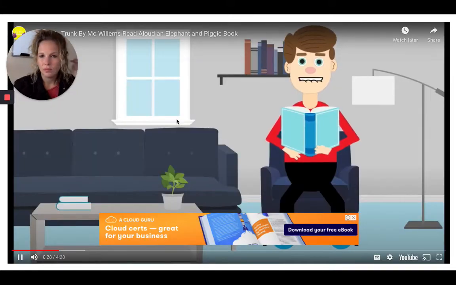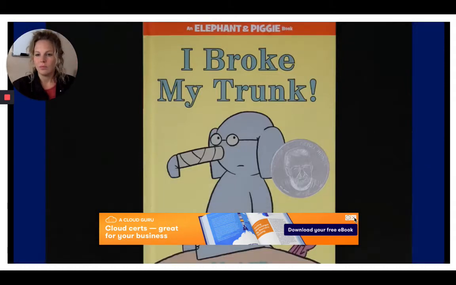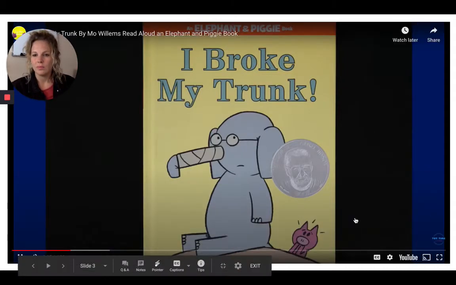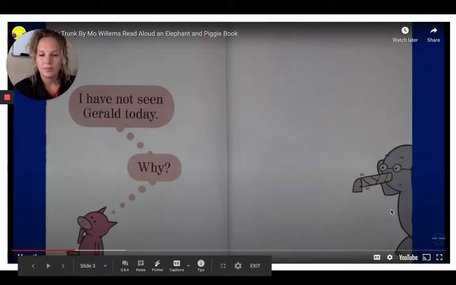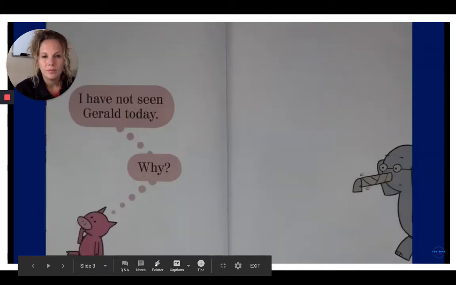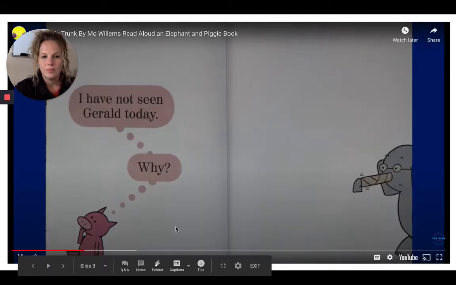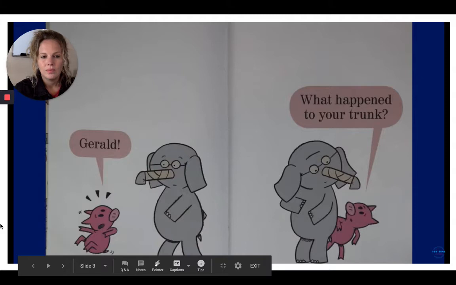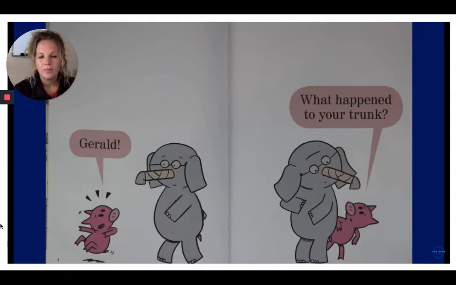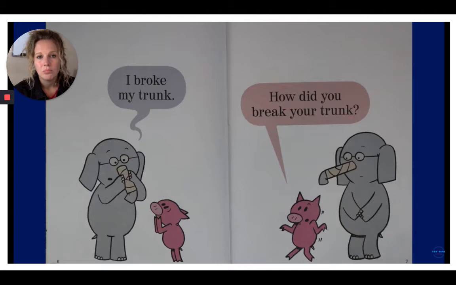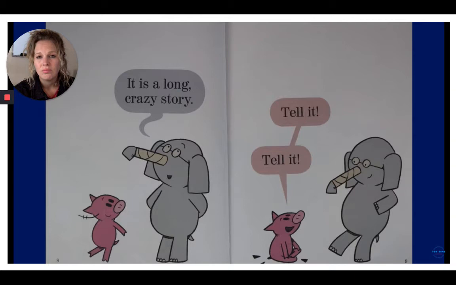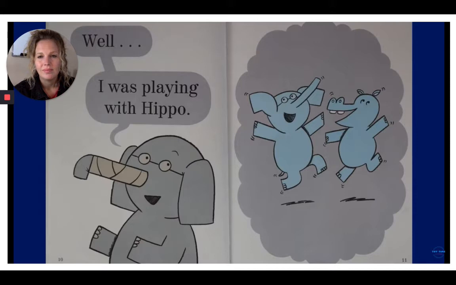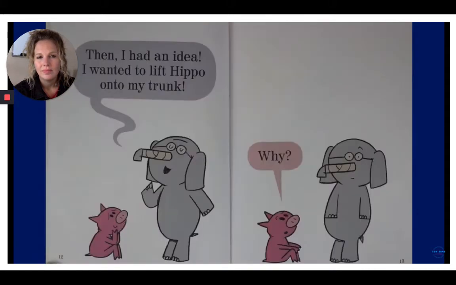I Broke My Trunk by Mo Willems, an Elephant and Piggy book. I have not seen Gerald today. Why? Gerald! What happened to your trunk? I broke my trunk. How did you break your trunk? It is a long, crazy story. Tell it! Well, I was playing with Hippo. Then I had an idea.